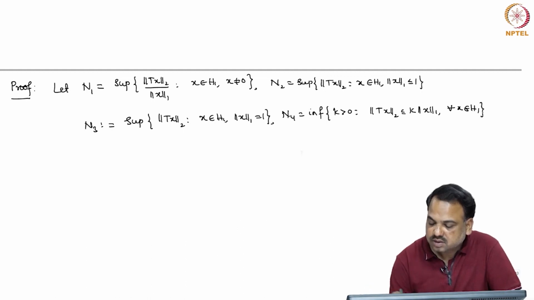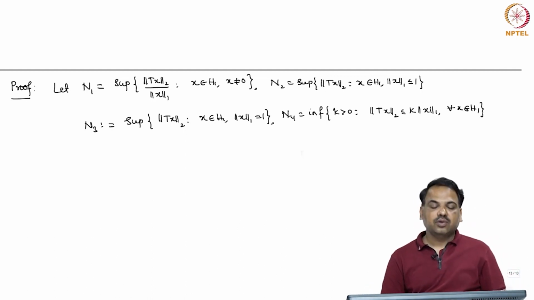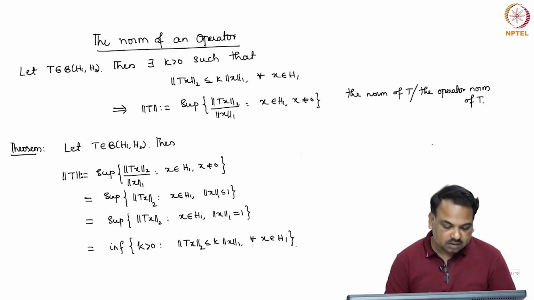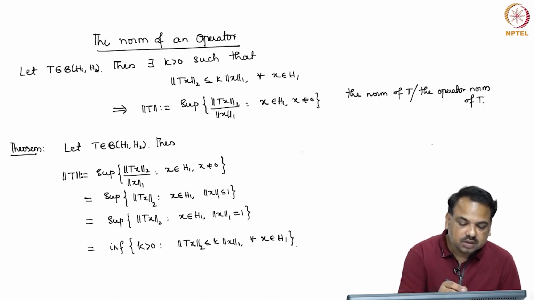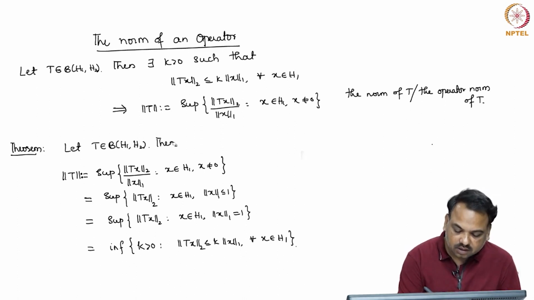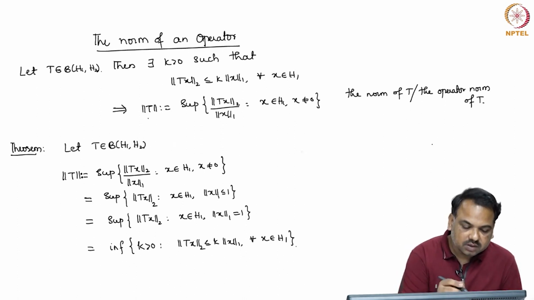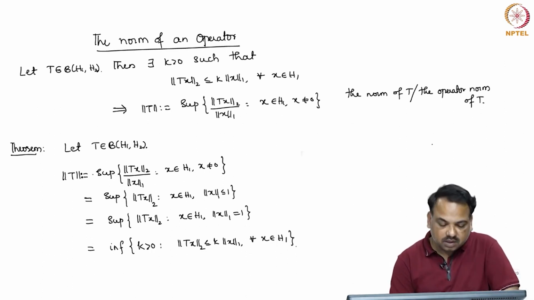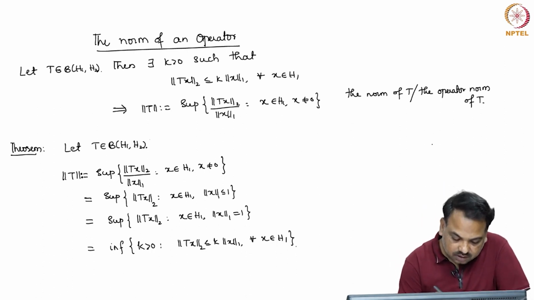Let us call this quantity n4. When we start looking at the statement, we have to look at T to be non-zero, because when T is 0, we can easily show that norm T is automatically 0. So that is very clear, and T is not equal to 0.